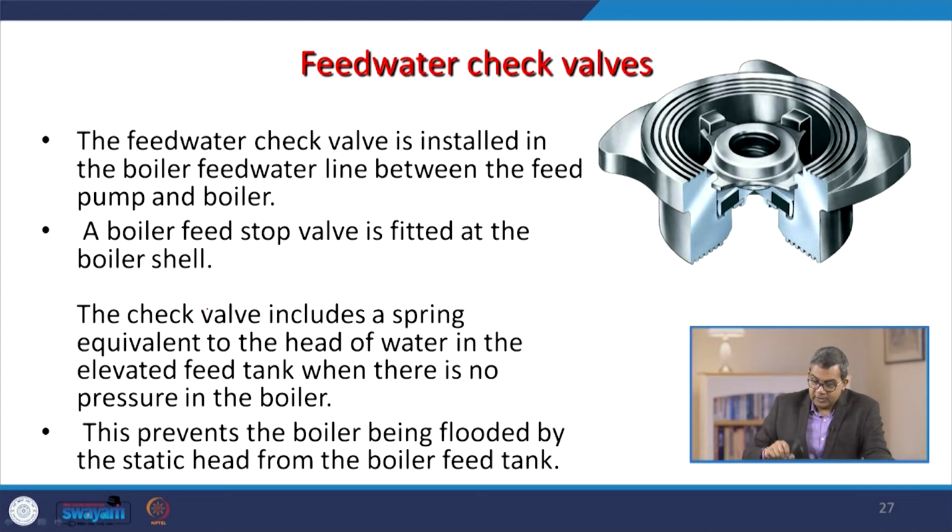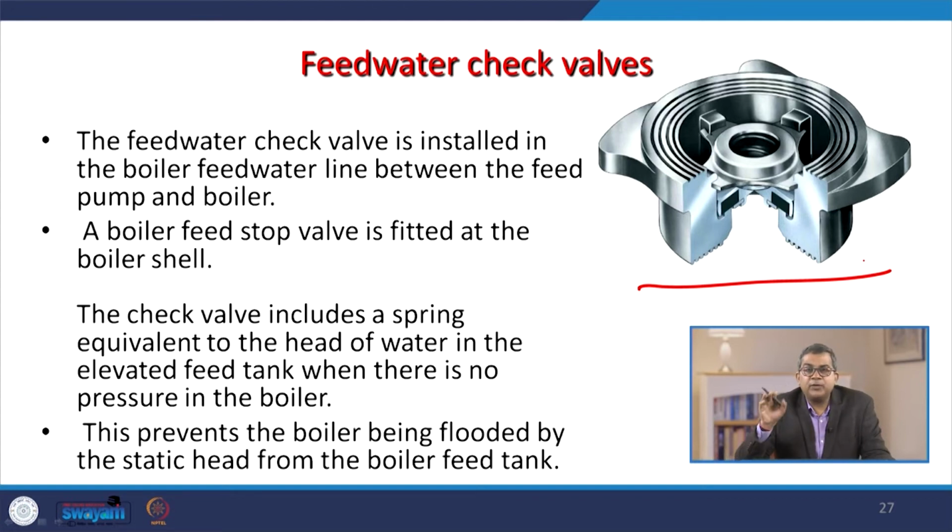Now, this is the basic cut section of the feed water check valve. The feed water check valve is installed in the boiler feed water line between the feed pump and boiler. The boiler feed stop valve usually is fitted at the boiler shell. The check valve includes a spring equivalent to the head of water in the elevated feed tank when there is no pressure in the boiler.